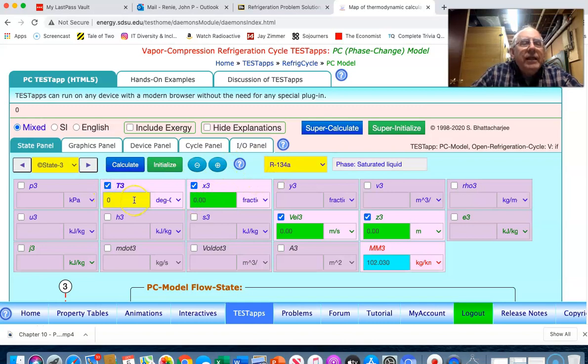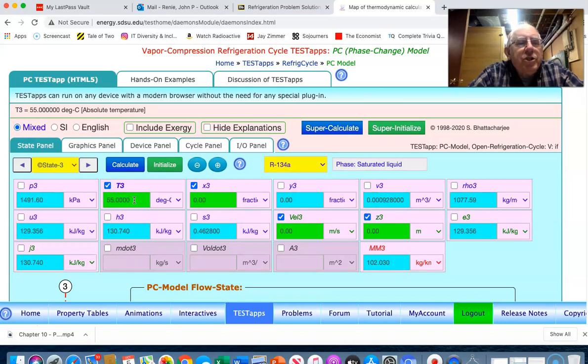We know that the outlet of the condenser is at 55 degrees Celsius, which maintains at least 5 degrees of difference in temperature between the refrigerant, which is higher in temperature, and the space itself. It then does the calculation here and shows that the pressure in that condenser is 1491.